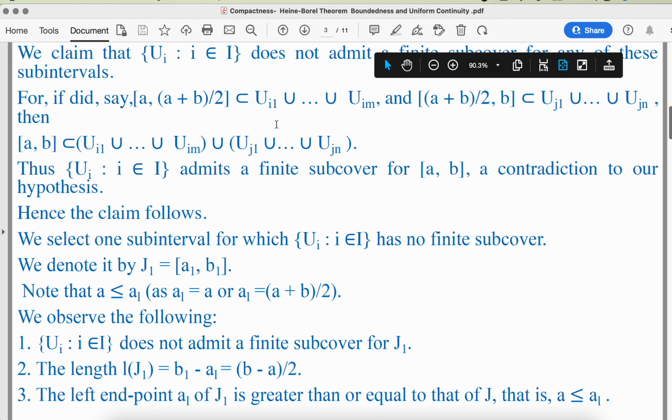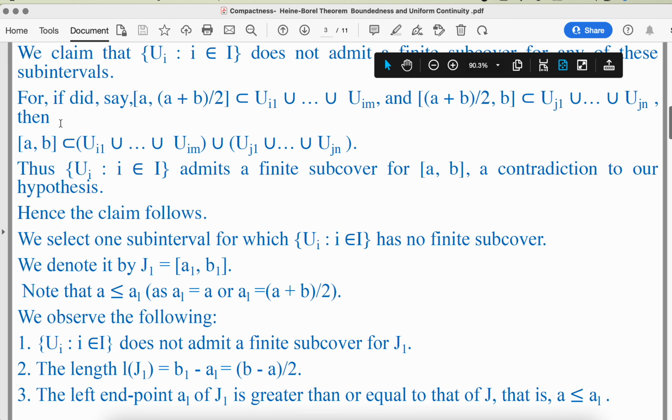Suppose it admits a finite subcover. Suppose in this case the first interval [a, (a+b)/2] is covered by the union of U_i1, U_i2, up to U_im, and the second subinterval, from (a+b)/2 to b, is covered by U_j1 union U_j2 union up to U_jn.